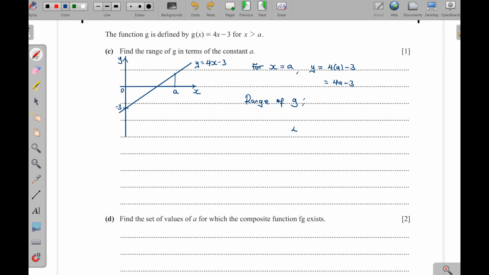So we have 4a minus 3. So the g of x has to be greater than that. And remember that the range is given in terms of the function, but then the domain is given in terms of the independent variable, for example, x. So that is why you're having this one here. So this is the domain of the function, and then this is the range.